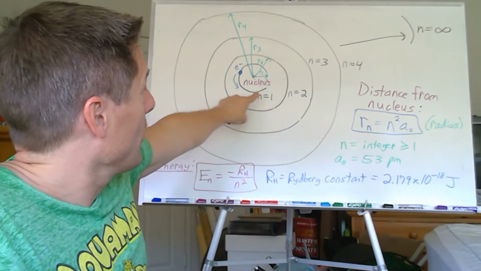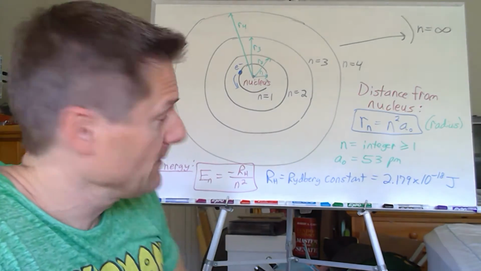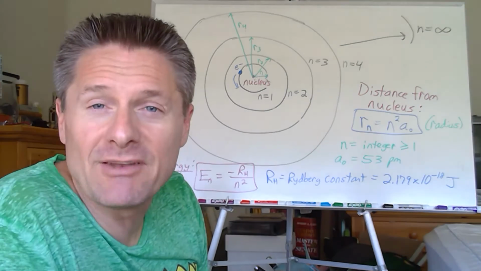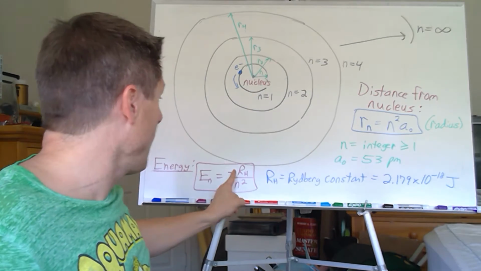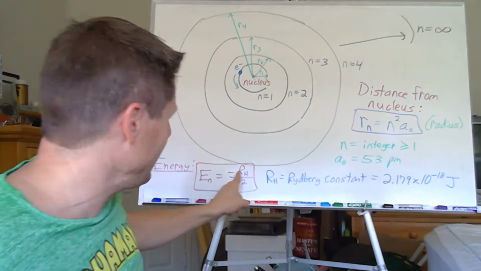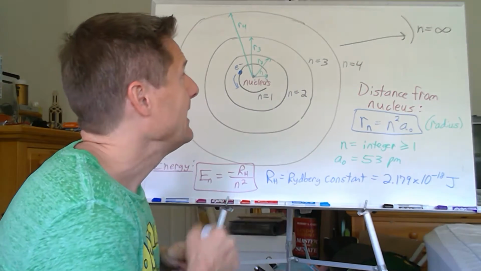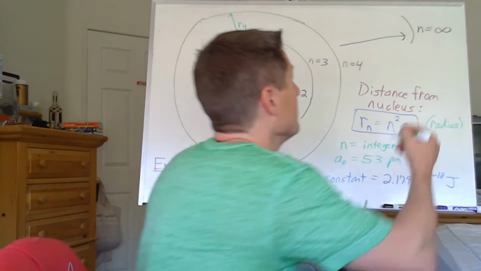So, at an orbit of n equals 1, at a distance of 53 picometers, well, 1 squared is 1, so the energy would be negative 2.179 times 10 to the minus 18th joules. The second orbit would be that divided by 4, right? But negative. See that negative sign there? The reason it's negative is because at n equals infinity, that's defined to have an energy of 0.